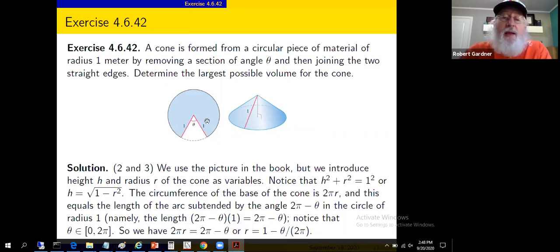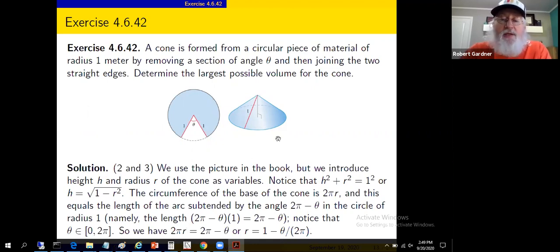Theta equals 2 pi means we basically cut out the whole disk and we've got nothing left, which results in a volume of 0 as well. But let's include those endpoints. You might argue about their physical meaningfulness, and I might agree with you there. Their mathematical meaning is pretty solid, though, and it gives me endpoints, so I don't have to worry about anything other than critical points and endpoints when the time comes.